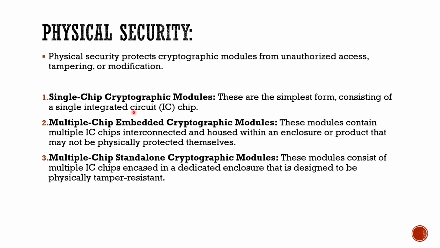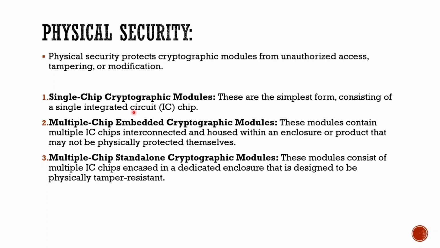They can function as a standalone device, or they can be embedded within a larger enclosure, or they can be used in a product that may not have its own physical protections. These basically do not have multiple modules. They are only a single chip module and single chip controller. Examples are smart cards, single chip controllers, etc.